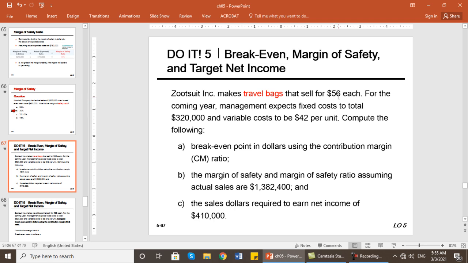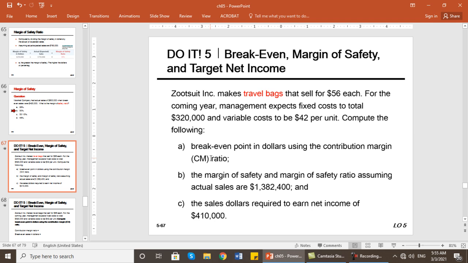First of all, the contribution margin is the difference between the sales price of 56 less the variable cost of 42. The difference here is 14. Then we divide by the sales price of 56, which equals 25%.